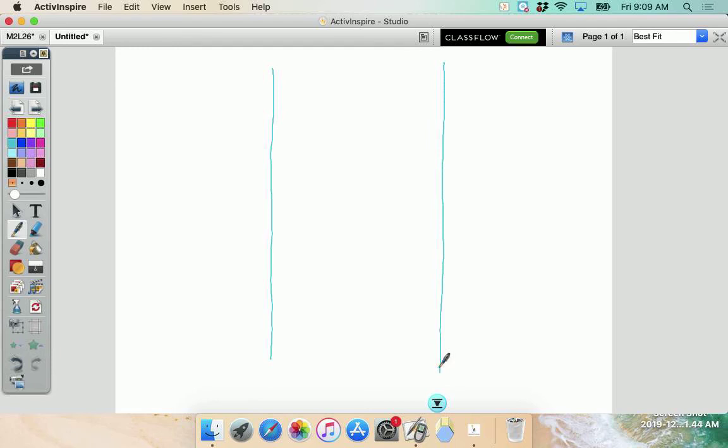And then in the middle, you're going to write 156 divided by 24 and 102 divided by 15. Leave a little space between.